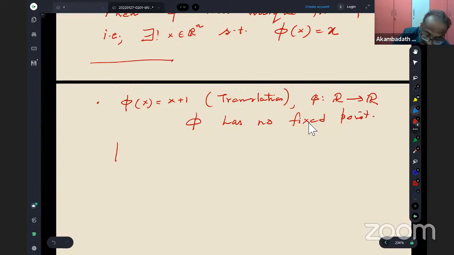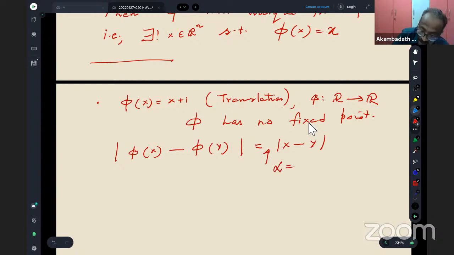But you see, what is phi x minus phi y? Modulus of phi x minus phi y is exactly equal to modulus of x minus y. So here alpha is equal to 1. So alpha strictly less than 1 is a very, very important and crucial thing in the proof of the fixed point theorem.